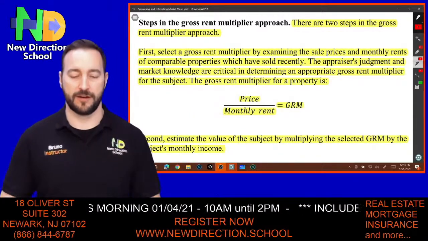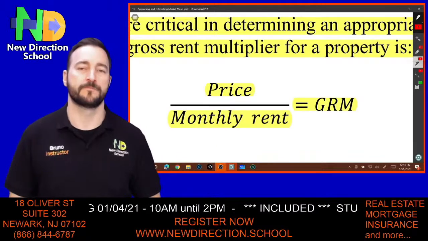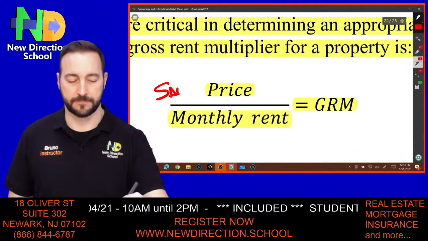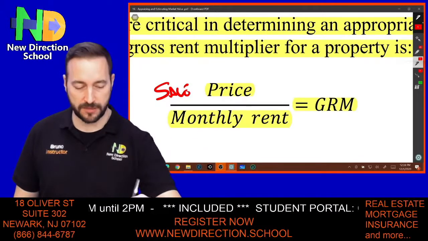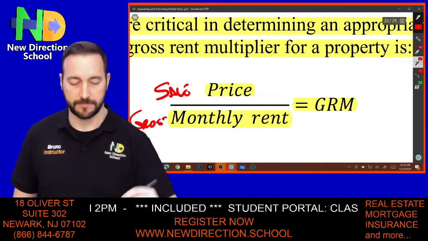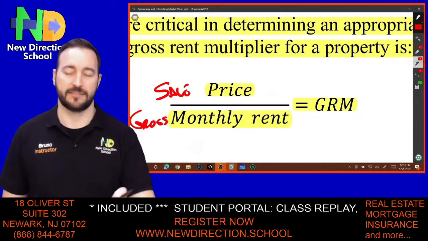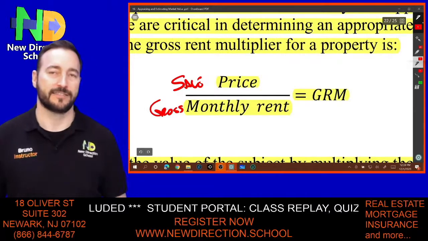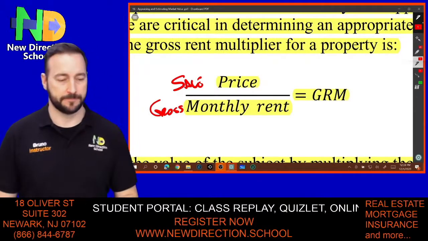The gross rent multiplier for a property is the sales price divided by the gross monthly rent, and it gives you the GRM. That's the simple formula: sales price divided by gross rent equals GRM.